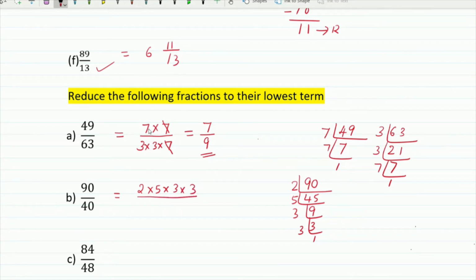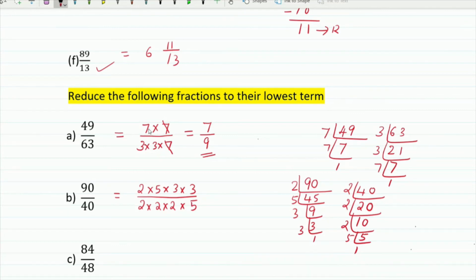Now 40: we can write it as a product of primes, 2 table 20, 2 table 10, 2 table 5, 5 table 1. So we can write 40 as 2 three times and 1 five.